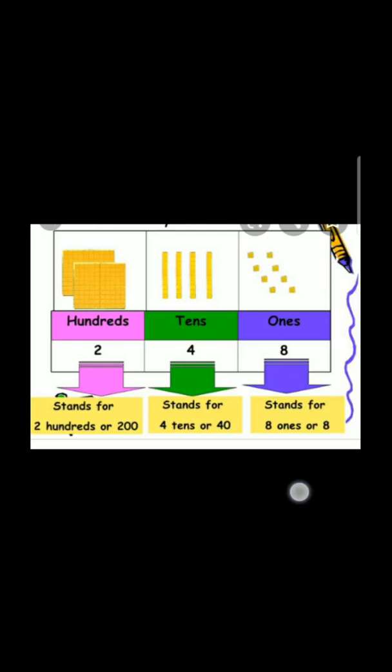Are you looking there at the square? So in the one big square, there are 100 small squares. Okay, so its meaning is 2 stands for 200s or 200 in figure.